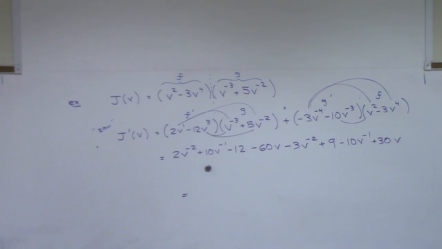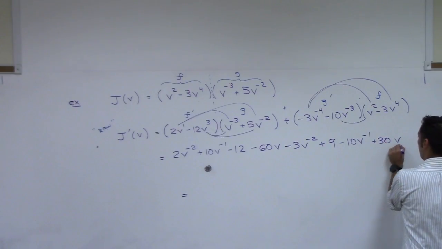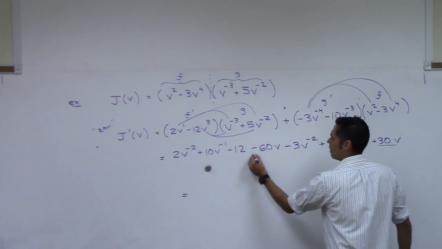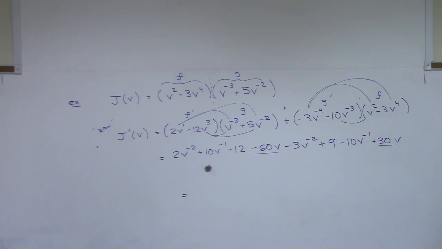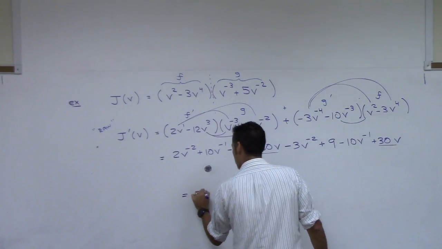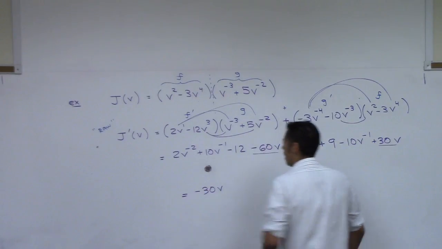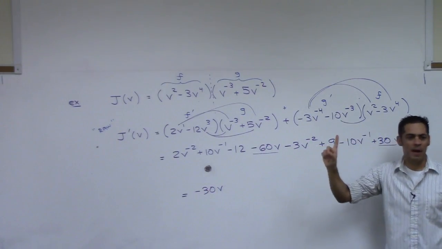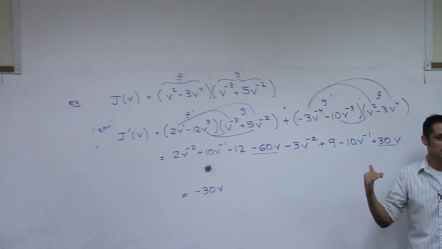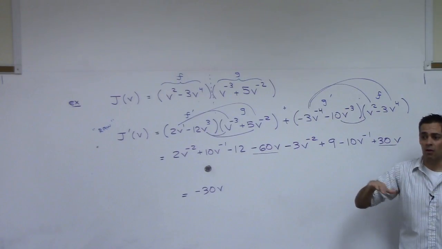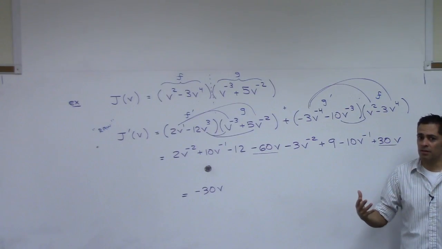All right, let me get all my, let's see, I guess I'll start out with my v's. I've got 30v and negative 60v, so negative 30v. Now, that would be v to the first power. If I come down on the power, I'll have no power, which would be constants.